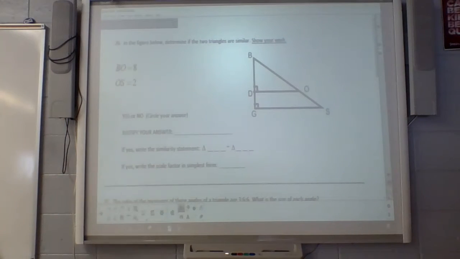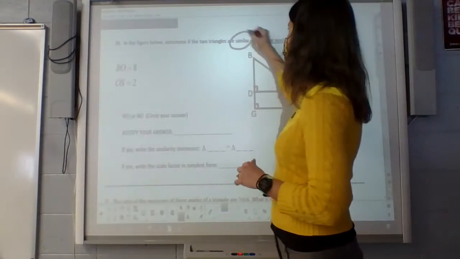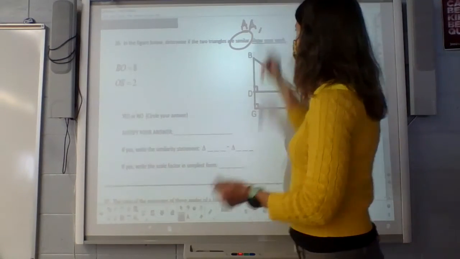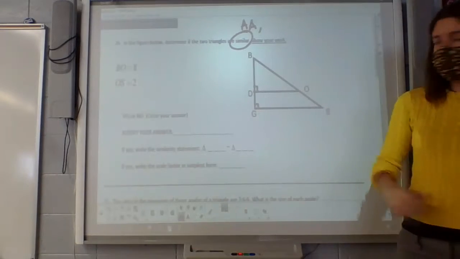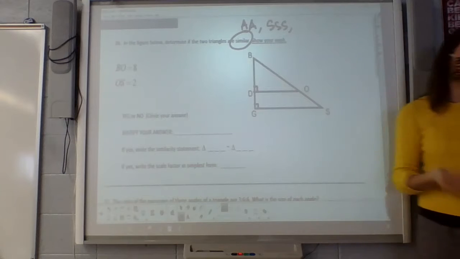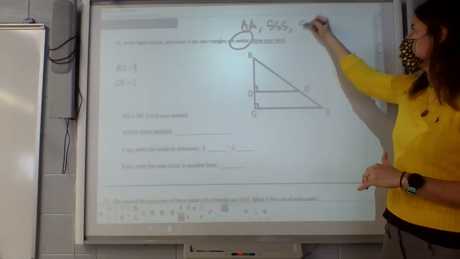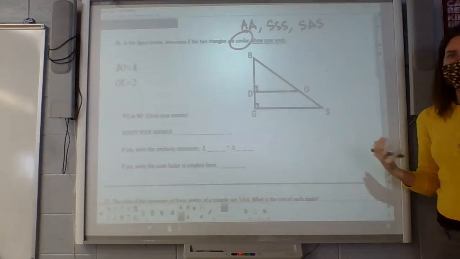Similar figures, we can tell based off the fact that in order for triangles to be similar, it can be angle, angle, and that means we have two equal angles and they're automatically similar. Side, side, side means all the sides have to be proportional, and they only give us one set of sides here. Or side, angle, side, it's the same idea, they only give us one set of sides.